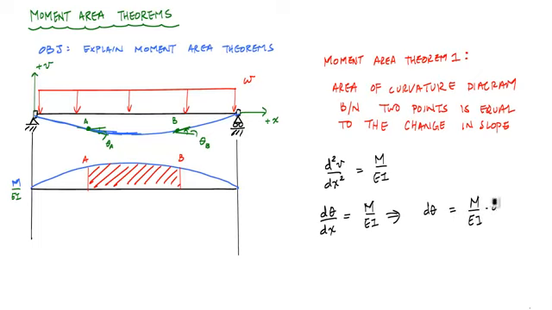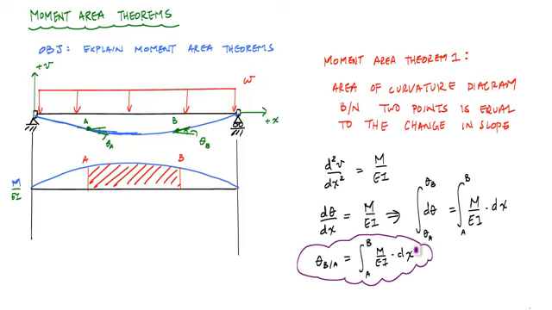And just from basic calculus, this would be theta A to theta B, and this would be from point A to point B. And this tells you that the change in slope from B with respect to A is equal to the integral from A to B of M over EI times dx. And this is really the first moment area theorem.